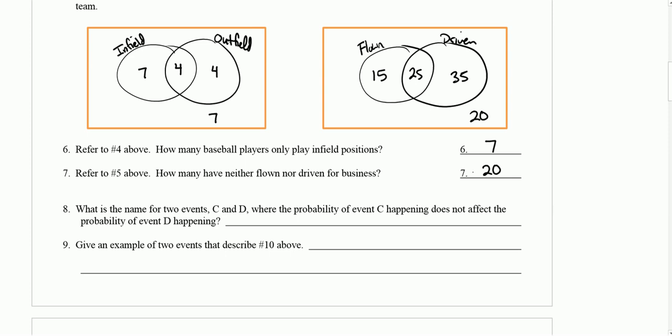What is the name for two events C and D where the probability of event C happening does not affect the probability of D happening? Independent. Give an example of two events that are independent.